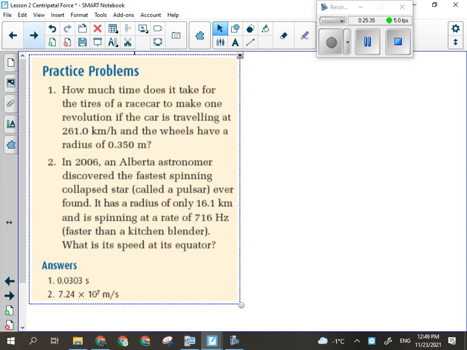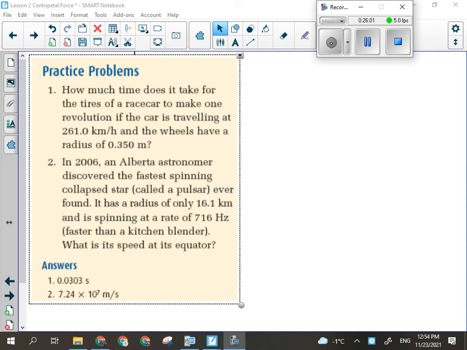Okay, so we have this pulsar, which is a collapsed star. If it doesn't go supernova, it just collapses on itself. Then it becomes this super dense thing that spins around and actually emits light, like pulses of it, which is why it's called a pulsar. It only has a radius of 16.1 kilometers.